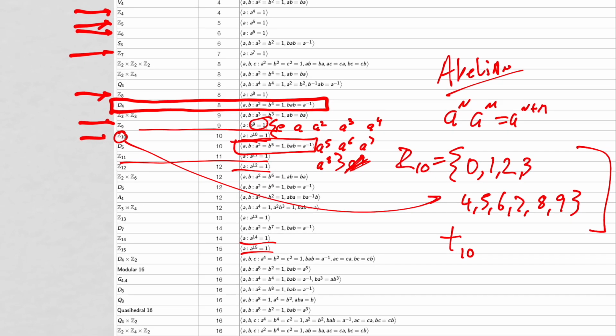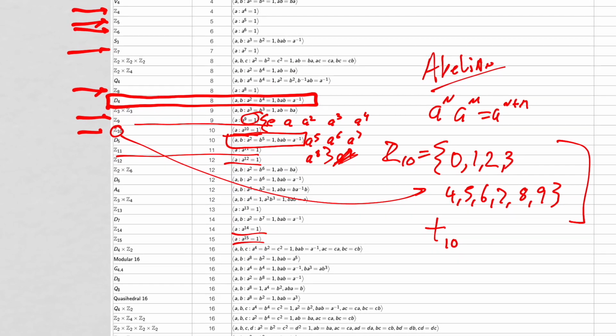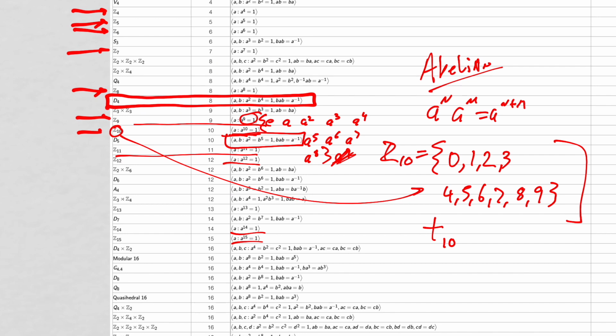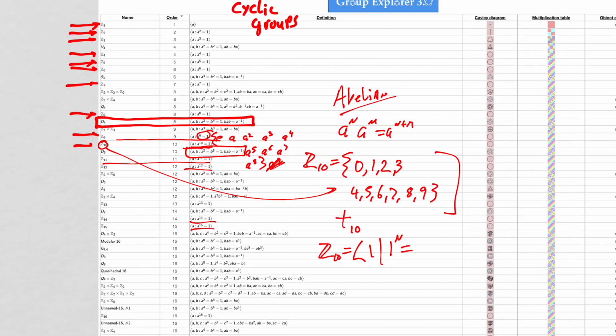I guess the way you would have to do this, if you wanted to be super strict, is you'd have to say Z10 is the group generated by the number 1 such that 1 to the n equals 0, right?